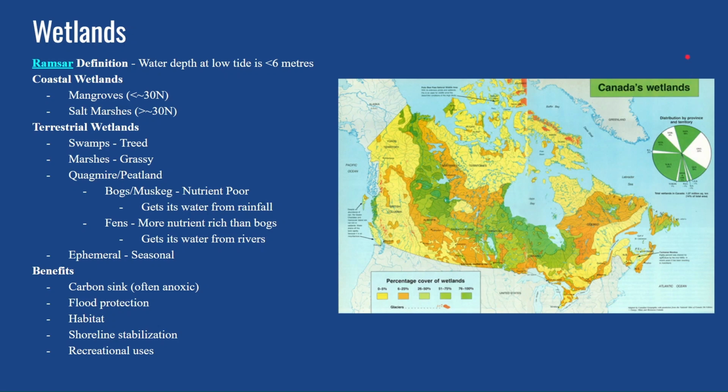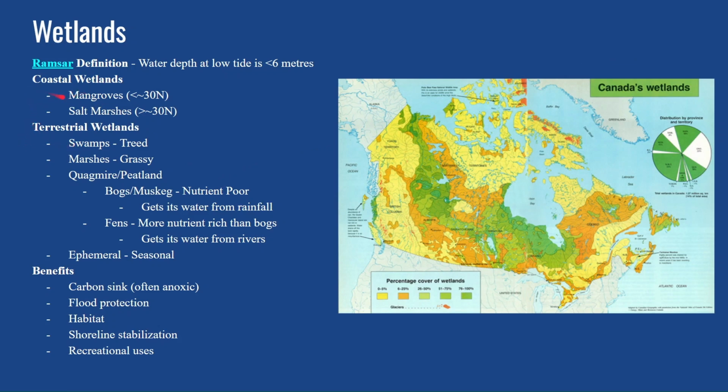So we'll move now from lakes to wetlands, and Ramsar defines wetlands as having a water depth at low tide, because some are coastal, of under 6 meters. So again, fairly shallow, supports vegetation throughout. So we'll talk about both coastal and terrestrial wetlands.